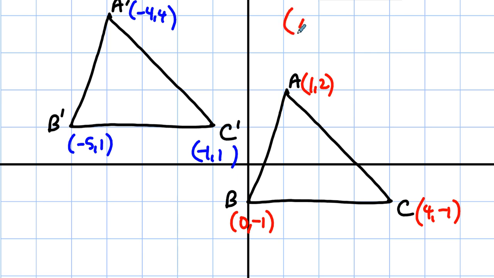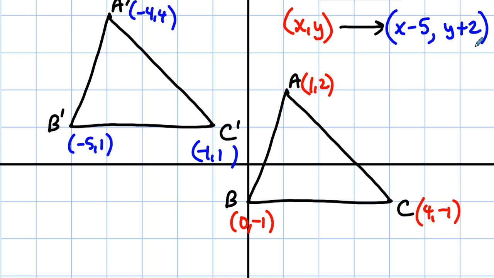Well, it appears that if the red coordinate was (x, y), the blue coordinates had x's that went down by 5 and y's that went up by 2, right? X coordinate went down 5, y coordinate went up 2, x coordinate went down 5, y coordinate went up 2.